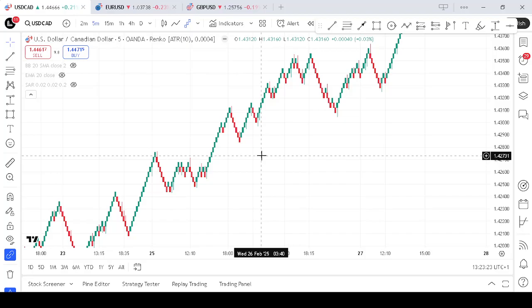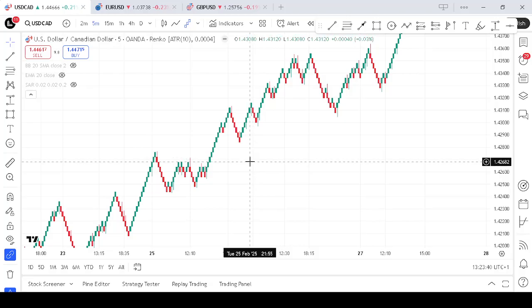This structure makes the Renko chart very effective at filtering out small, insignificant price movement, or noise. It allows you to focus on the larger trend and clear reversals, which is particularly useful for scalping strategy where timing and precision are key.